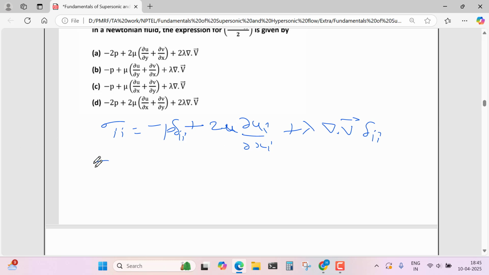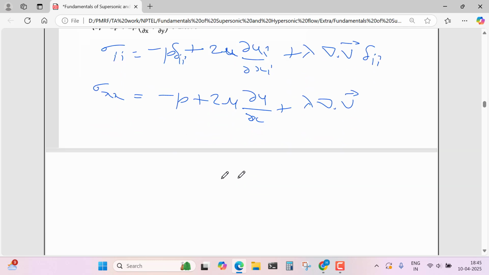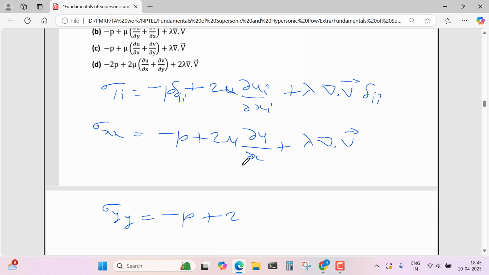Okay. So sigma xx is what? Minus p plus 2 mu dou u by dou x plus lambda del dot v. Similarly, sigma yy is given by minus p plus 2 mu dou v by dou y plus lambda del dot v.